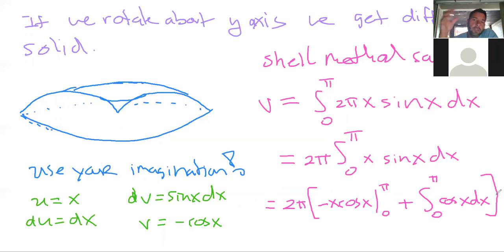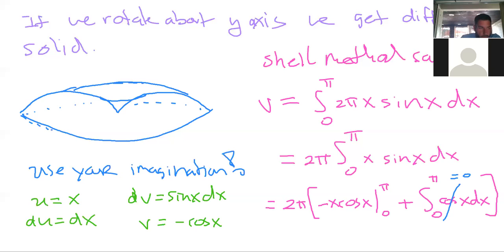Now, if you've done enough practice, you'll recognize a couple things. First off, the integral of cosine from 0 to pi is 0. You can work it out if you want to, but this thing is equal to 0. You should check it out for yourself.